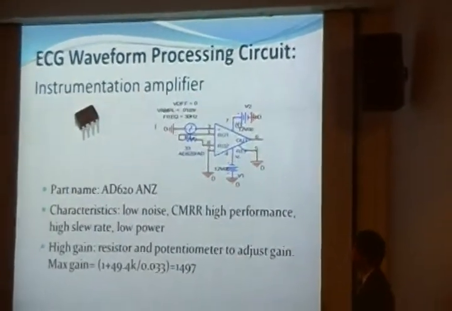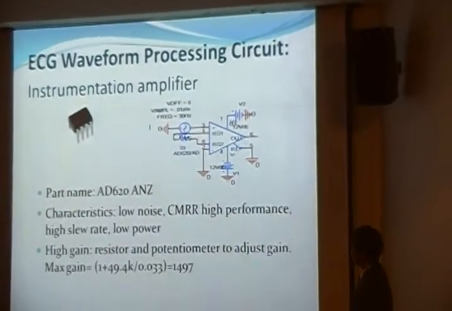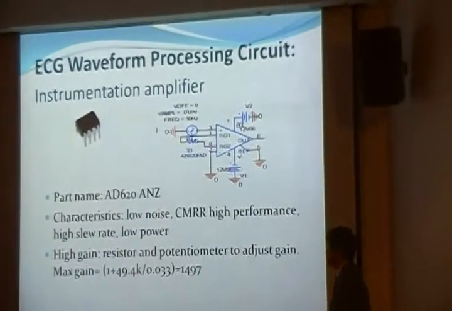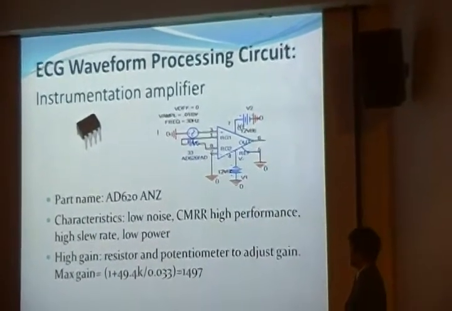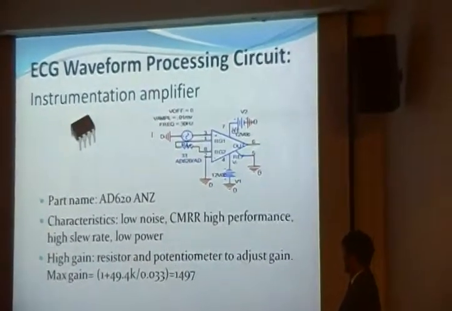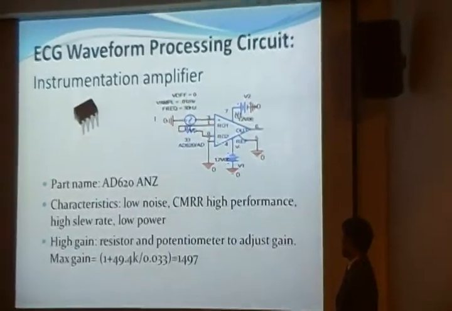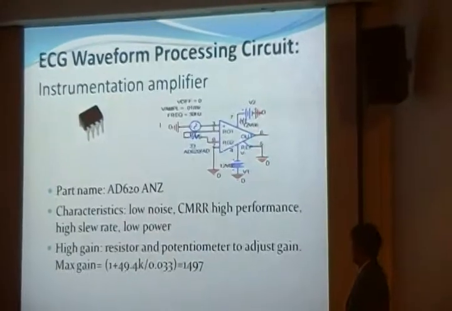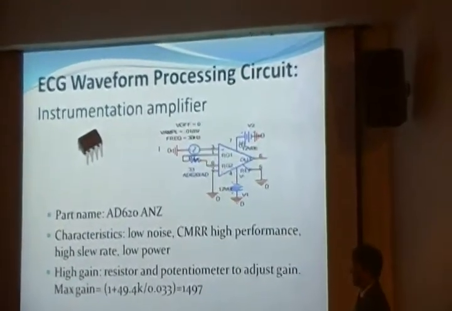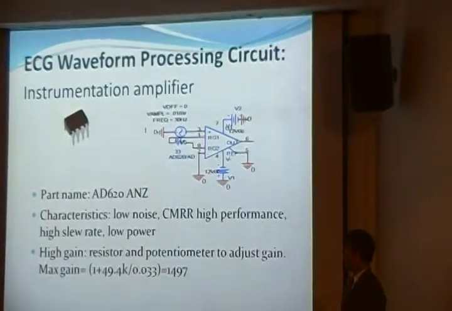Now I'll talk about the circuit in detail. First, for the instrumentation amplifier, we use the AD8628N6 because it's a low noise part with excellent high performance CMRR, and it gives a high slew rate and low power, so we can use a battery in this device.